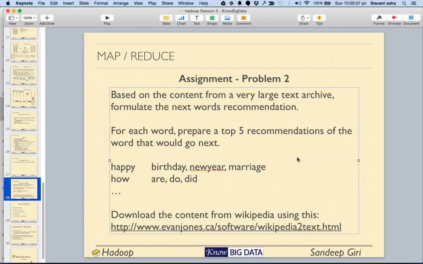So you have got a huge text, say, 1 terabyte of text. Now all you want to do is go through this terabyte of text and prepare the recommendation such that when the user types one word, you give 5 words that the user can type next.